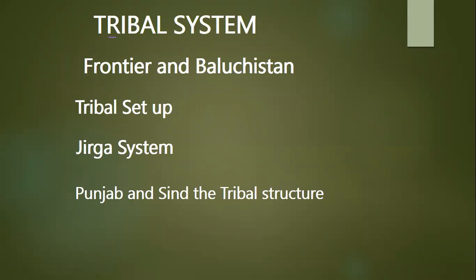These are the two provinces where the tribal system is very strong, and to some extent in the plains of Sindh and Punjab as well, both in the mountainous region and in the arid zone. The scarcity of resources, water, creates a permanent struggle for possession of food and water.